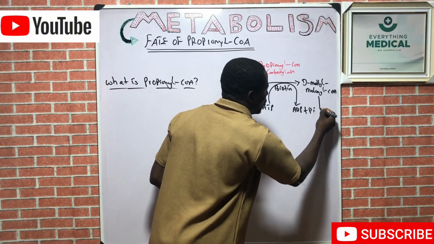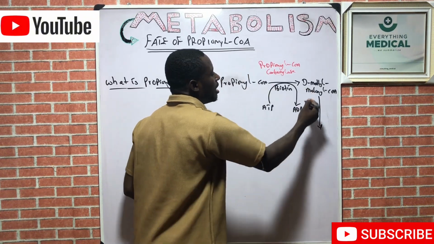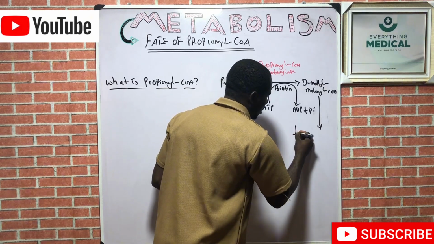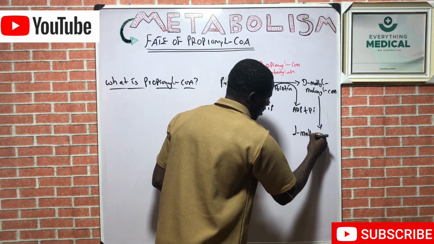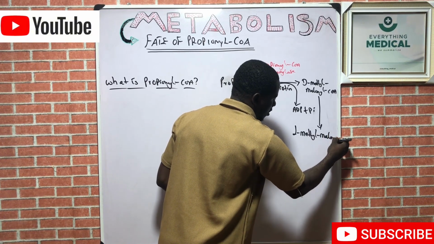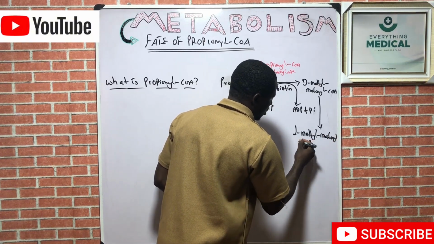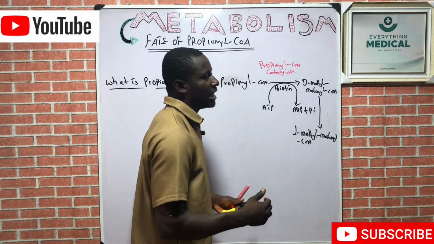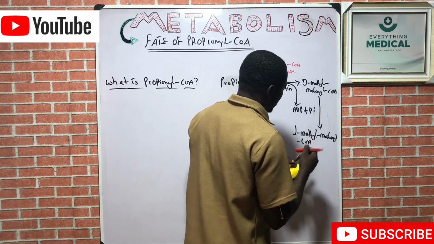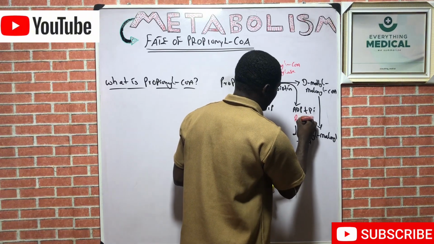Then step 2 goes like this. D-methyl-malonyl-CoA is being converted to L-methyl-malonyl-CoA by the presence of an enzyme known as the racemase.